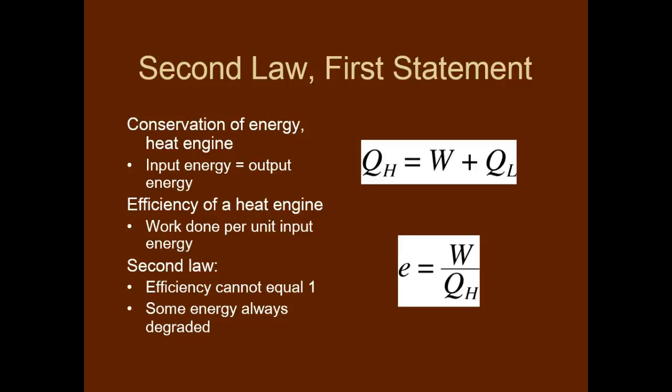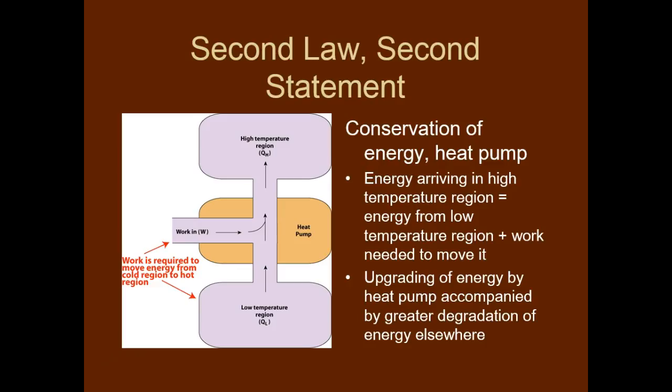Your efficiency, here's how you define it, is the work per unit input. Work done per unit input. And since there's always a QL, there's never 0 QL. If there was 0 QL, then this would be 1. Never happens. There's always heat loss. Always heat loss. Never without it. Okay?